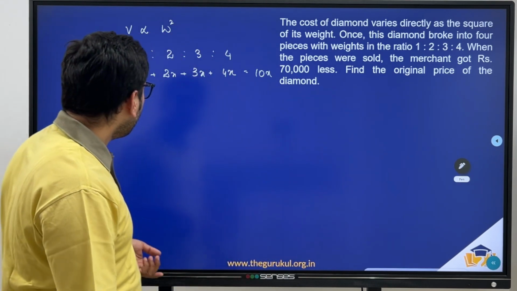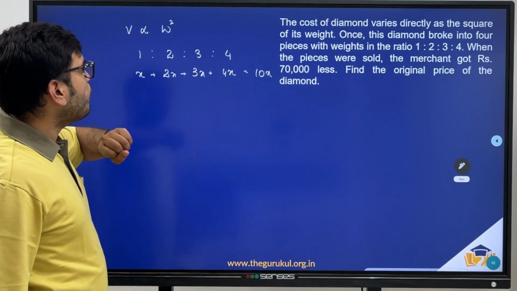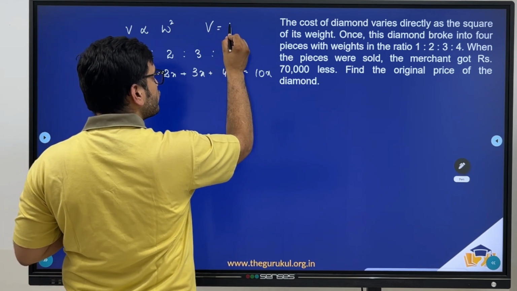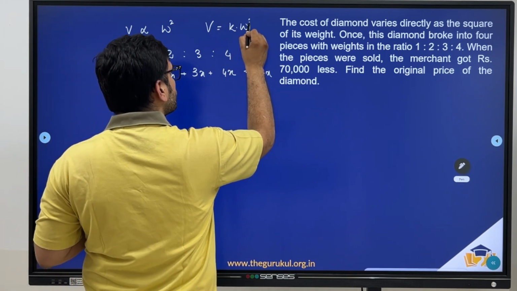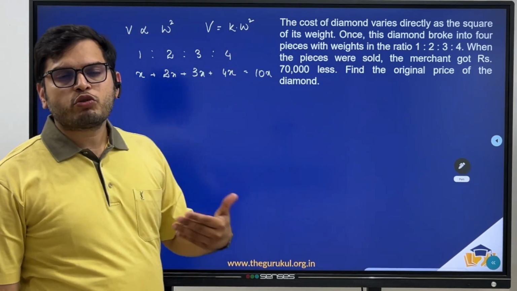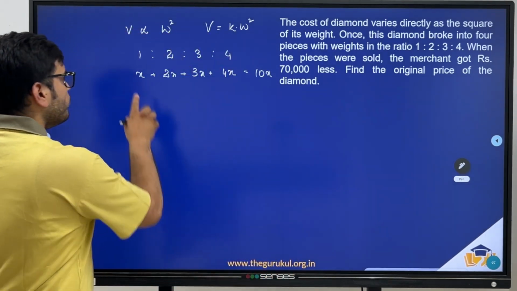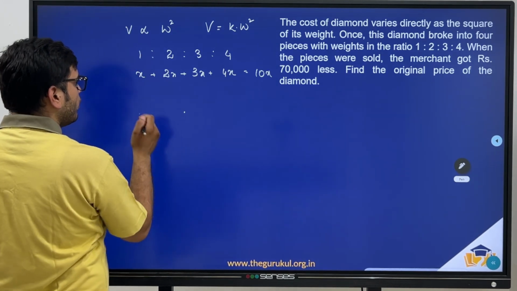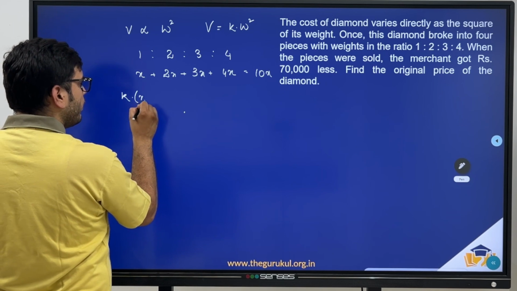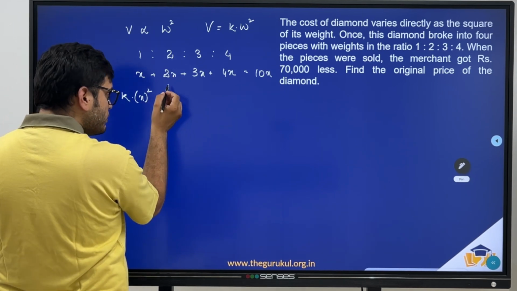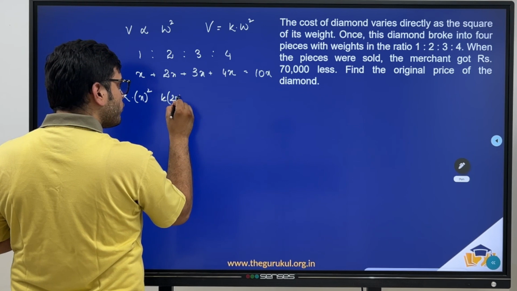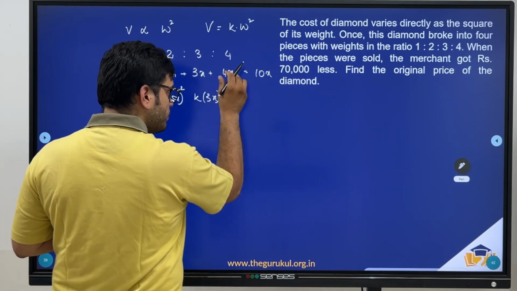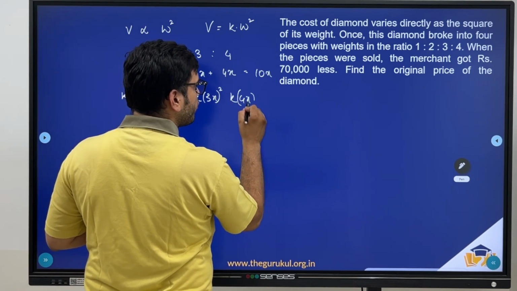Now, given that V is directly proportional to W square, let me convert this proportionality into an equation by inserting a constant. So the value is equal to K into square of its weight. So the value of this piece would be K into x square. The value of this piece would be K into 2x whole square, K into 3x whole square, and this piece would be K into 4x whole square.